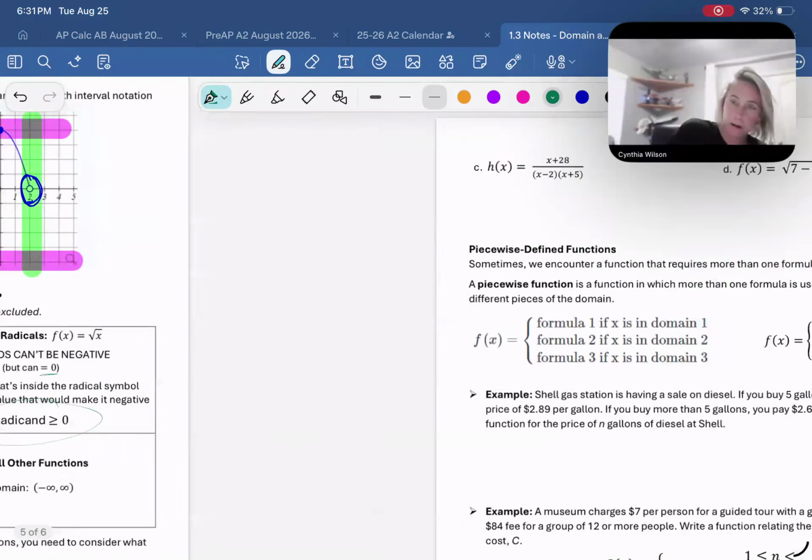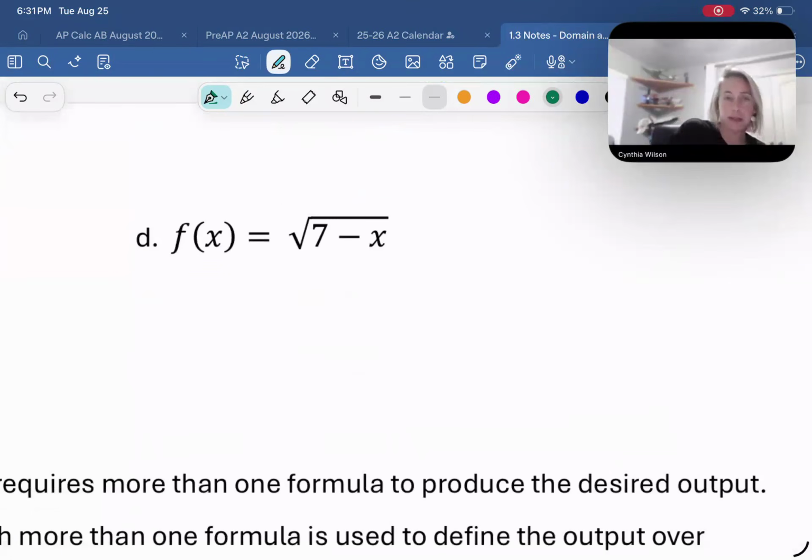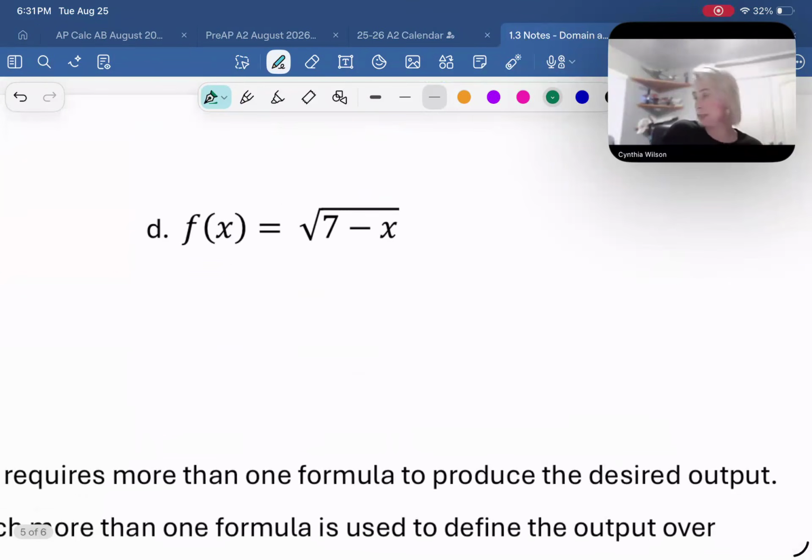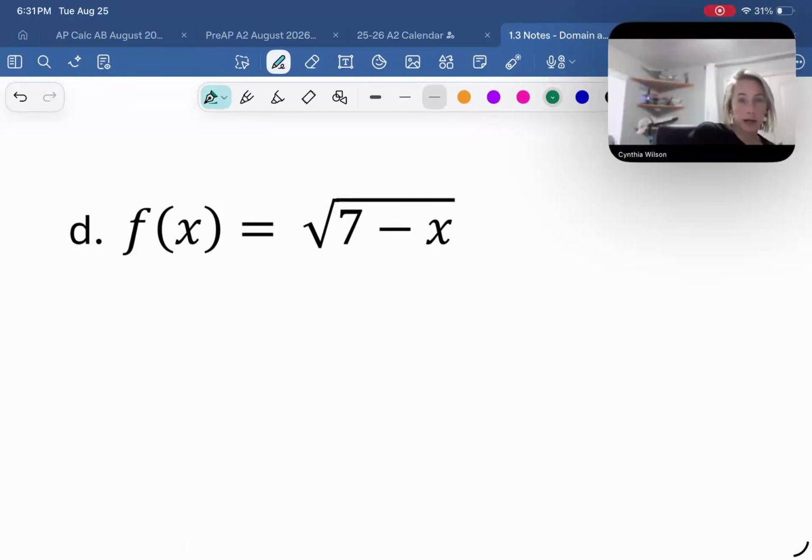All right, so that example is D. So everybody find D. All right, I'm going to take the stuff under the radical. Okay, and I know this is an even index because I don't have anything in that tail area.